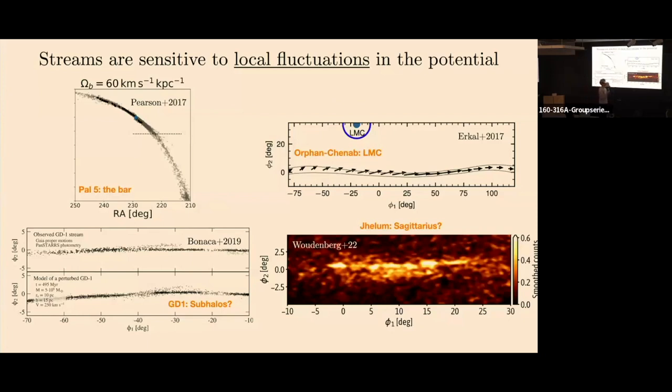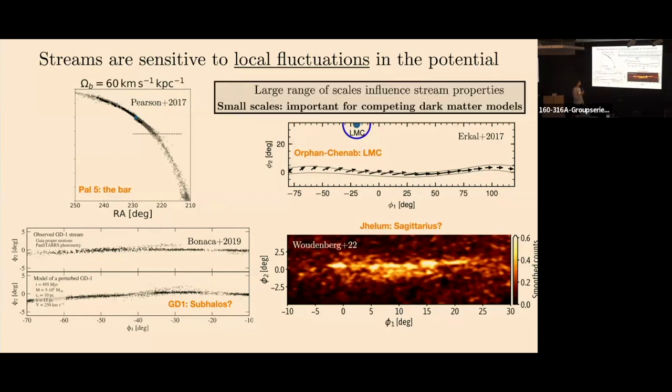We heard about the proper motion misalignment between the stream track and the velocity vector. That's very clearly from the LMC for the OC stream. There's also weird things like how Jhelum has these wiggles and variations in its density that maybe are due to interactions with Sagittarius. There's a whole bunch of different things that can perturb streams.